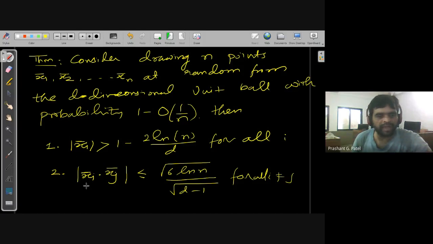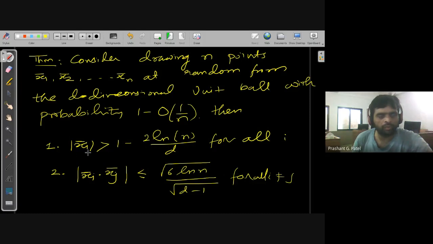So what does this mean? The dot product of these two vectors tends to 0 as d tends to infinity, as you can see from here. If d tends to infinity, then this will tend to 0.